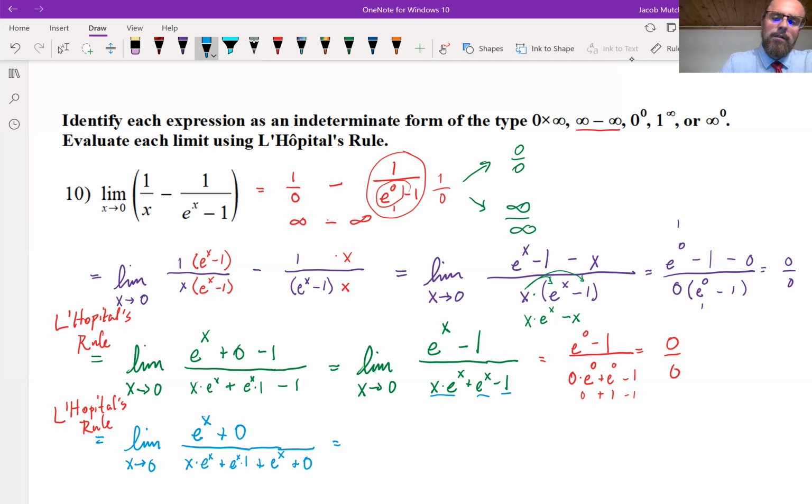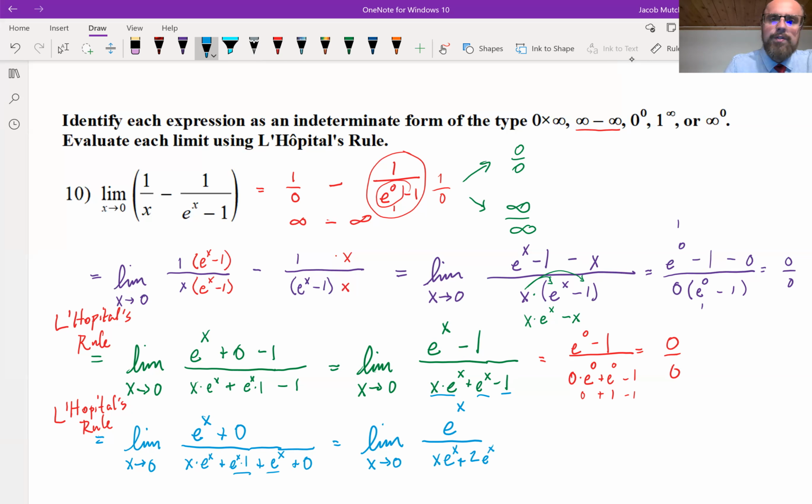So now I got to combine my like terms, let the zeros disappear. So the numerator is just e to the x. In the denominator, I've got these terms. These are like terms, e to the x plus e to the x. So it's x e to the x plus 2 e to the x.